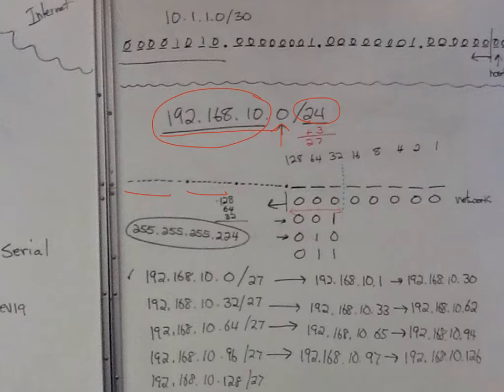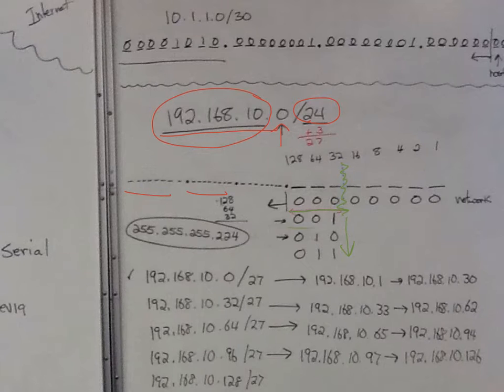Okay, so we divided it here, and then those 3 bits would give us, if we wrote them all out, 8 networks.